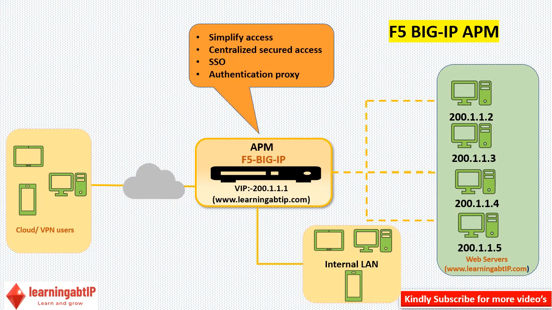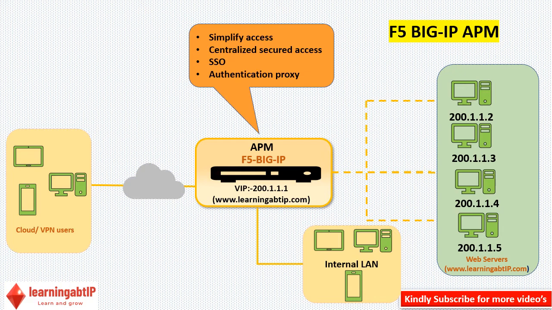It's a big challenge for us to protect the resources and at the same time provide simple and secure access. Yes, this can be achieved by Big IP. Big IP has a module which addresses the issue regarding simple and secure access to applications. Yes, I'm talking about Access Policy Manager.